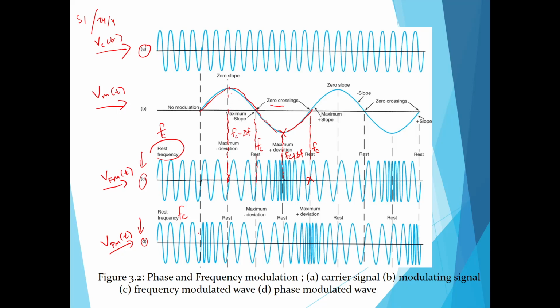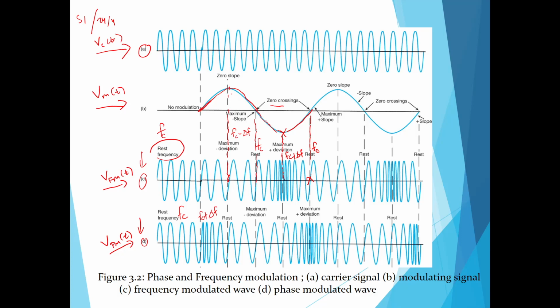So here at this point, the wave moves from 0 until peak positive, so the frequency would be at Fc plus delta F, maximum.